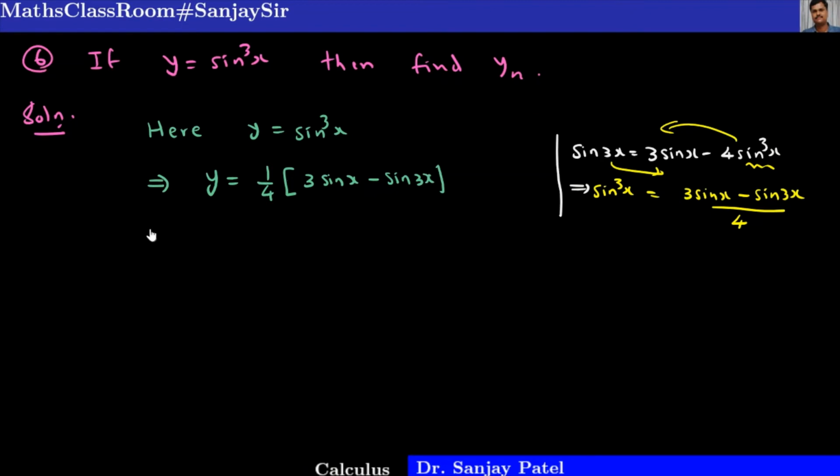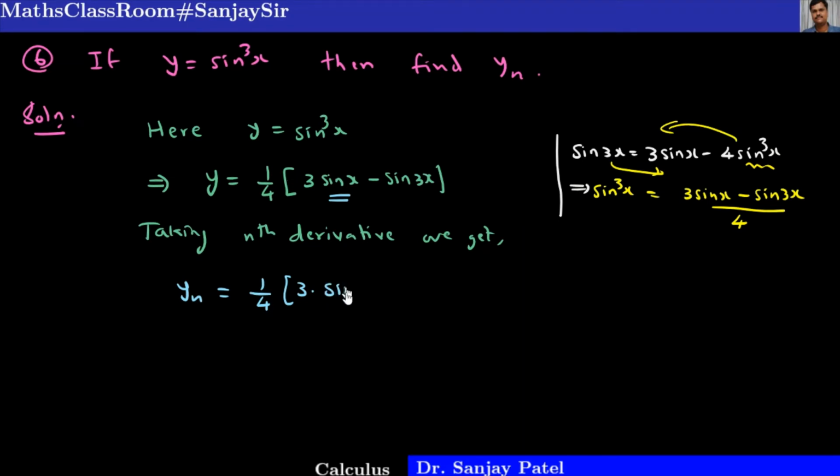So taking nth derivative on both the sides, we get yn is equal to 1 by 4, and this 3 is a constant in multiplication as it is, and the formula of sine ax plus b we are going to apply for this sine x, where a is equal to 1 and b is equal to 0 if you compare with y is equal to sine ax plus b.